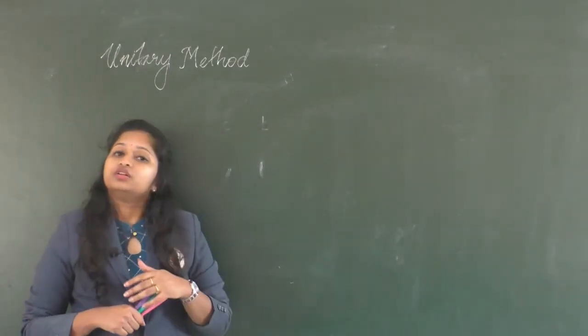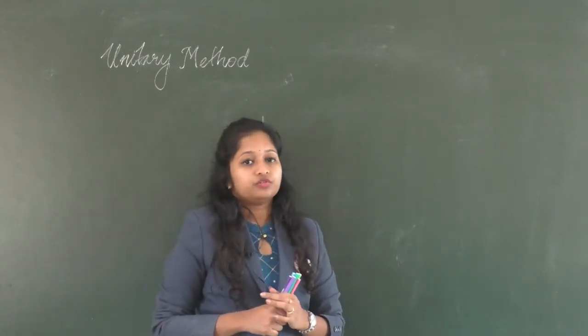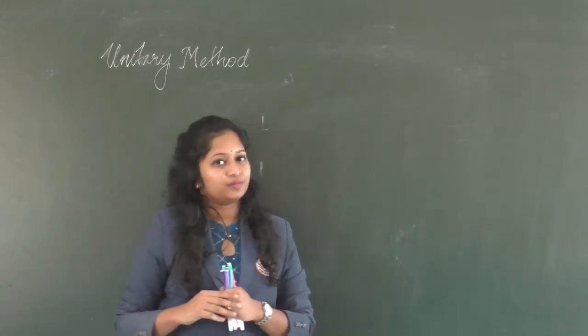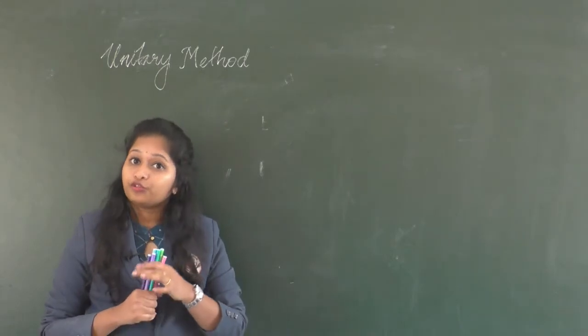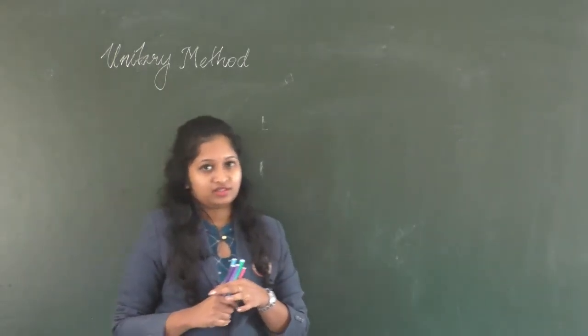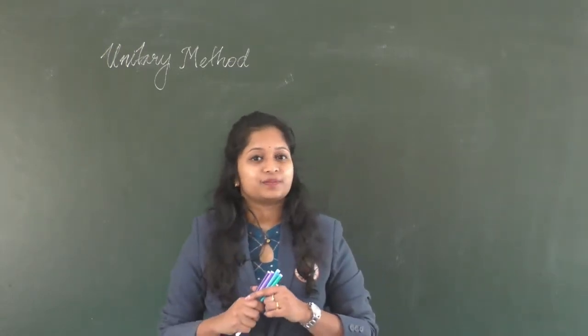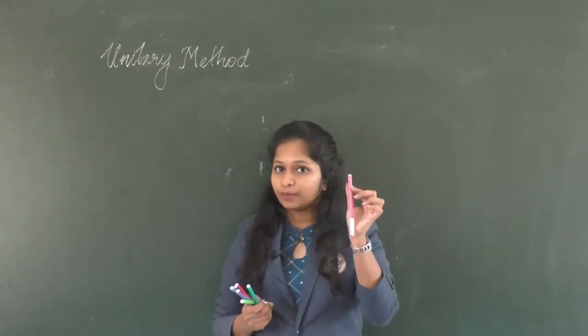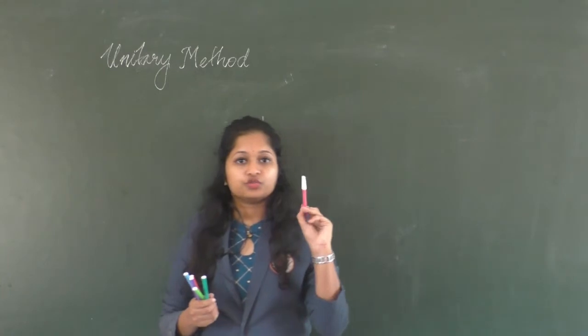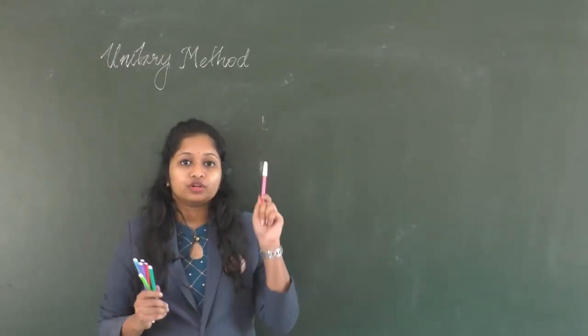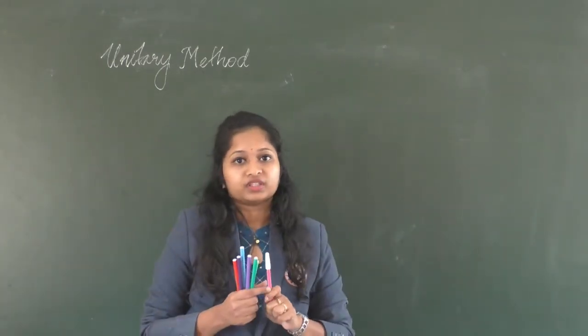Now what will be the cost of 1 pen? We should divide 42 by 7. When you divide 42 by 7, we will get 6. So the cost of 1 pen is 6. So we found the value for a single unit.